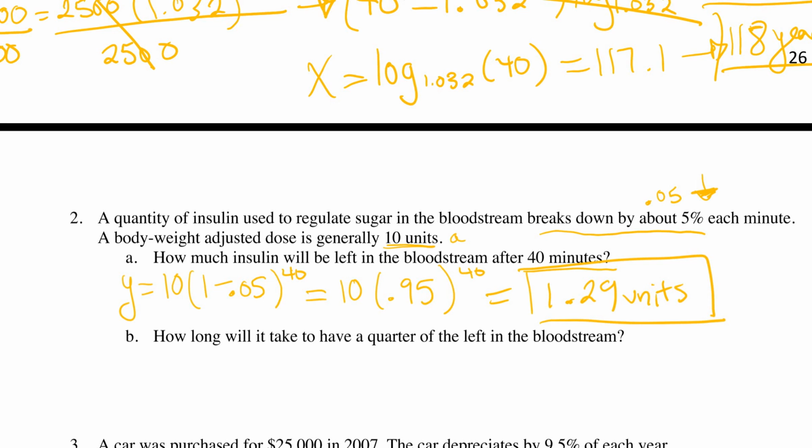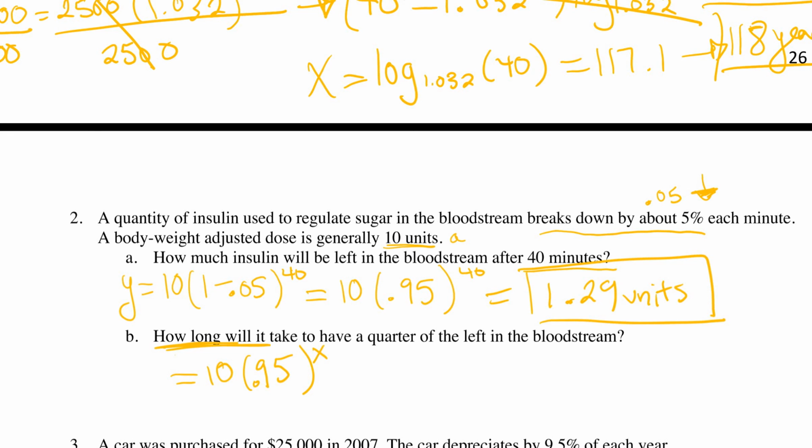Now, B is asking you how long it will take. That's your clue that you're looking for time. You're given a quarter left, so you want to figure out a quarter of 10, but your initial value is still 10. Your decay rate is 0.95, and you're doing it to the power of time.